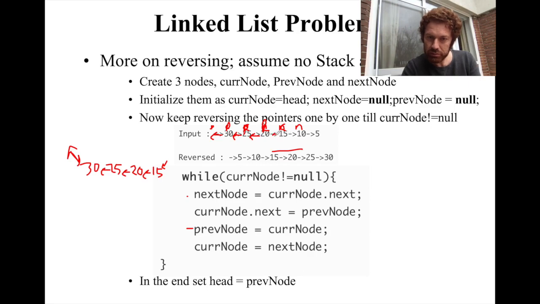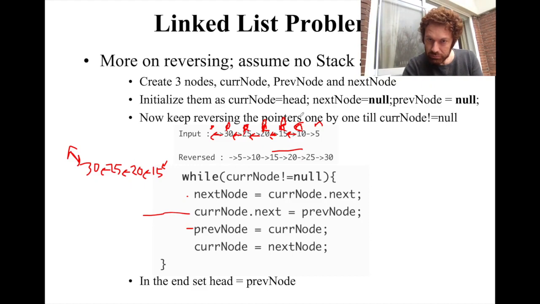Current.next is the previous, which is 20. Shift again, so this becomes prev, this becomes current, and this becomes next. Do the reversing. Current.next, so this is the crucial line here, is equal to 15. So I do it like this, but I won't draw it like this. I will draw it this way. 10.next is 15.